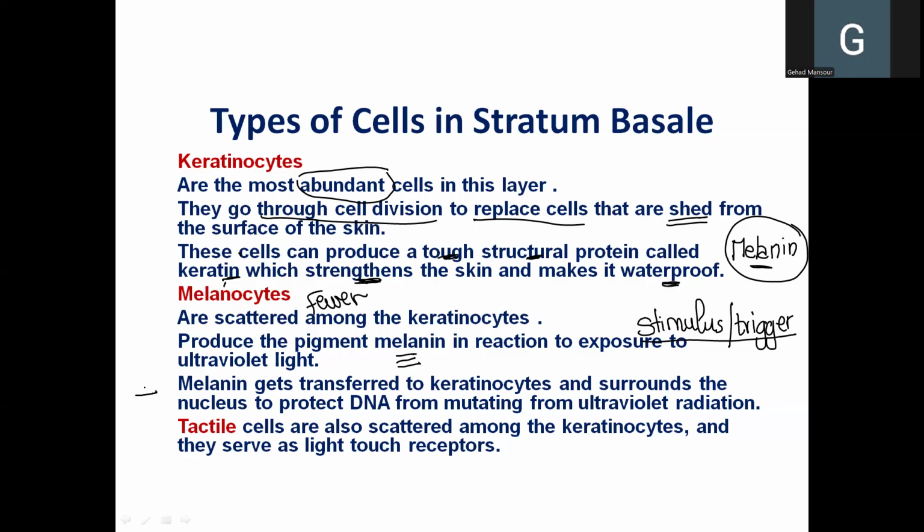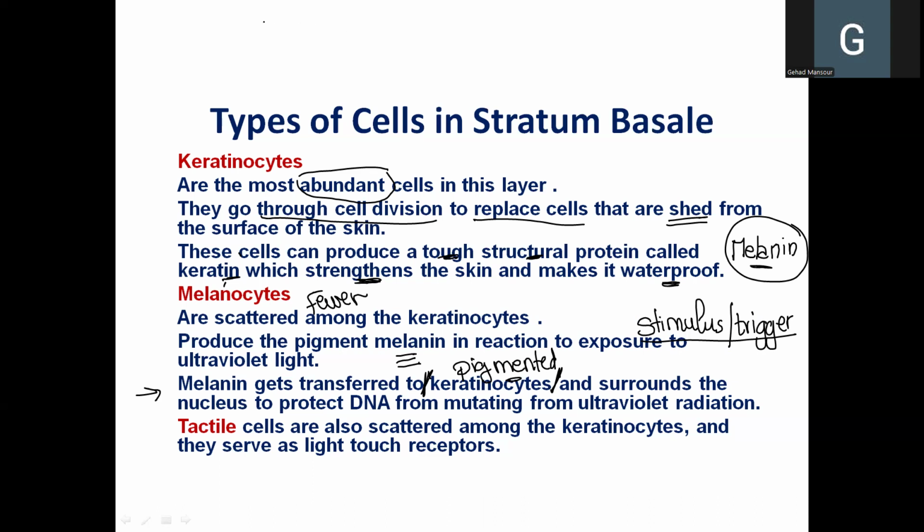And as we said before, melanin will be transferred to the keratinocytes. So the keratinocytes are pigmented, of course, less pigmented than the melanocytes. But another difference is that they do not produce their own pigment.